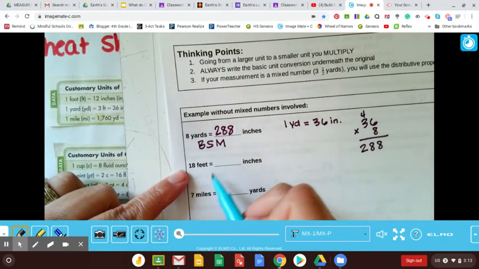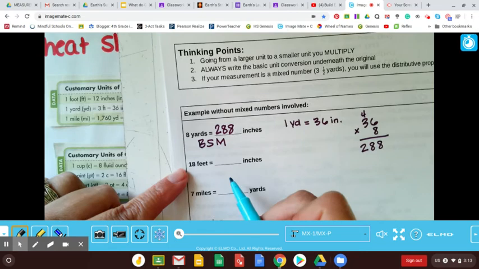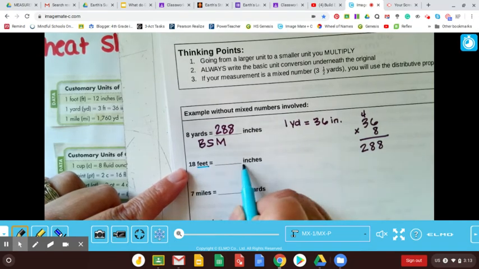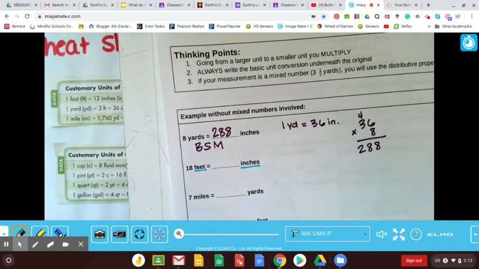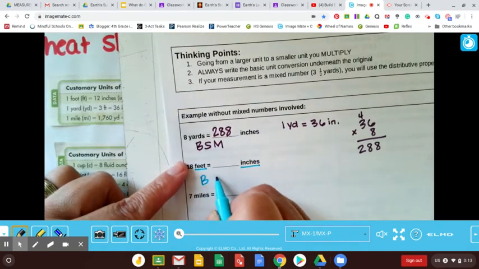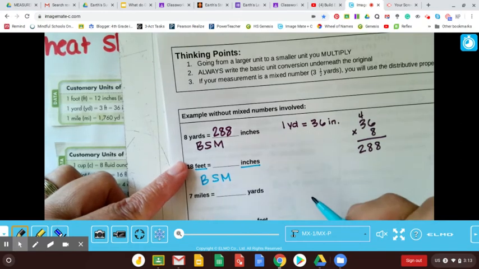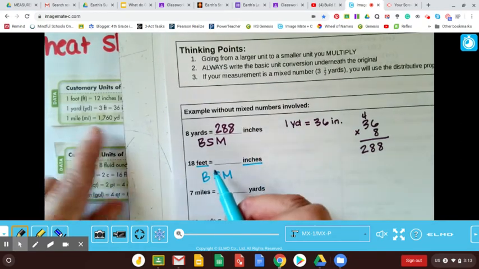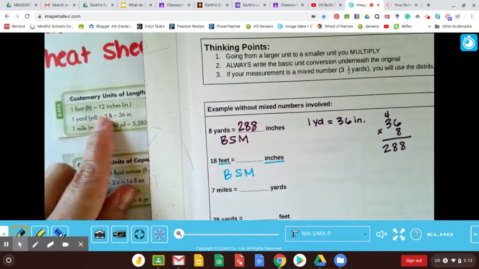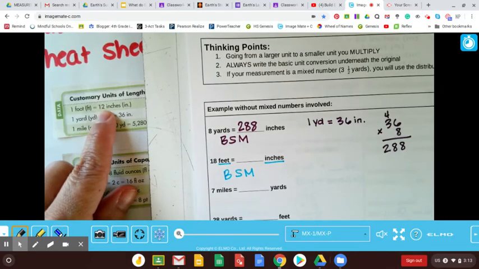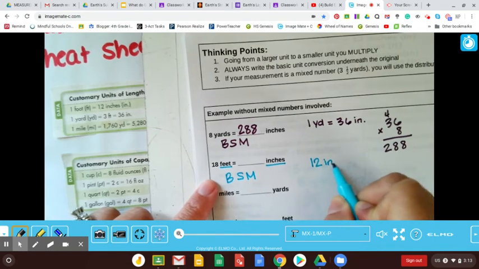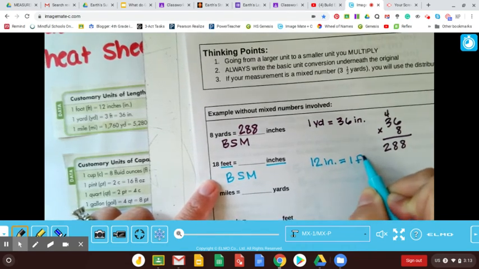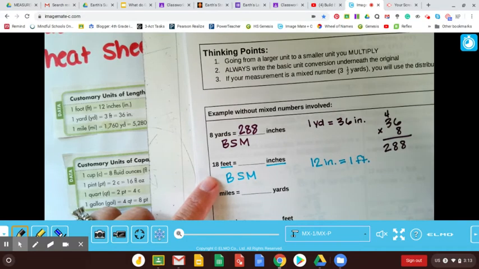Okay, pause the video, see if you can do this on your own. So we're going from feet to inches. So feet, think about it, is like a ruler. Inches are the tiny ones. So we're going from big to small. We want to multiply, right? So feet and inches, if we look on our cheat sheet, we know that there's 12 inches in 1 foot, right? So how many inches are going to be in 18 feet?